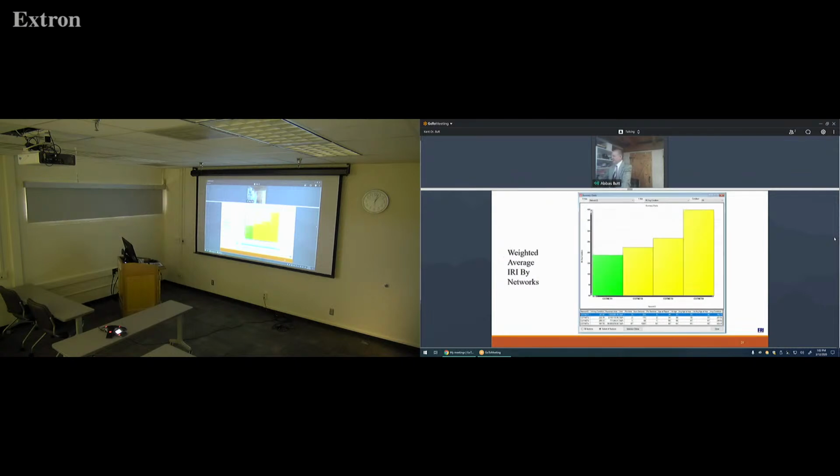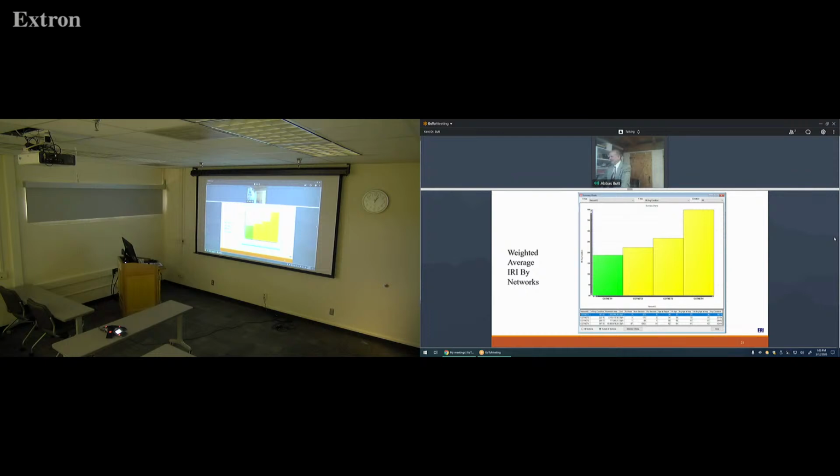If you look at the IRI value, again, it is a similar trend that you see in the pavement condition index. The higher the PCI value, the lower the IRI value.